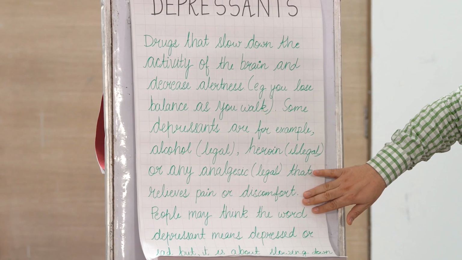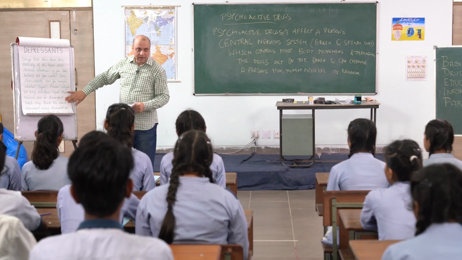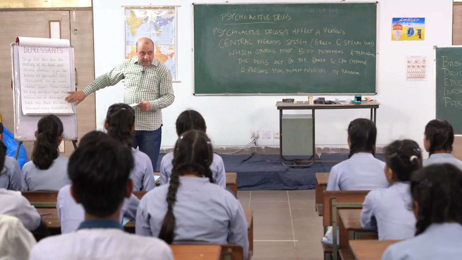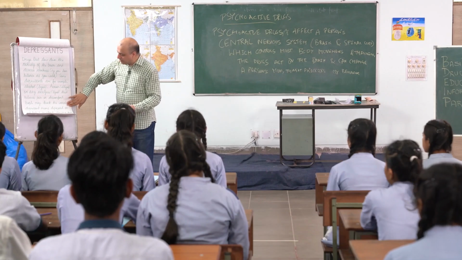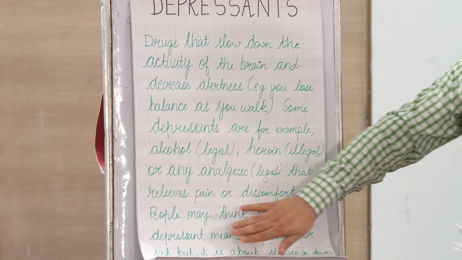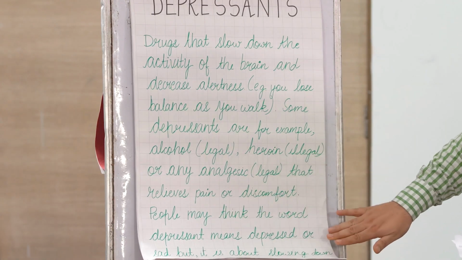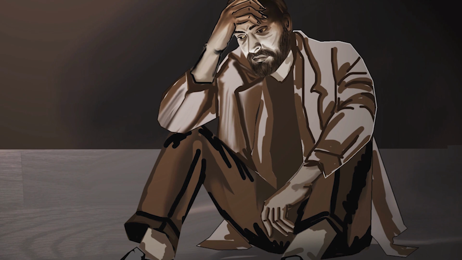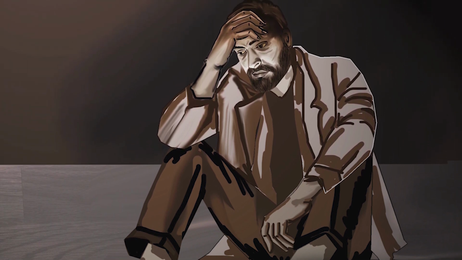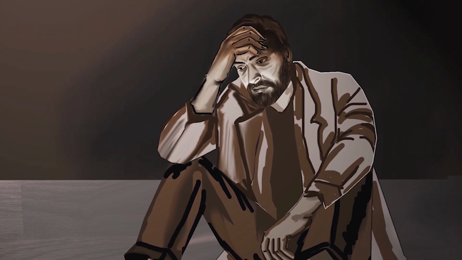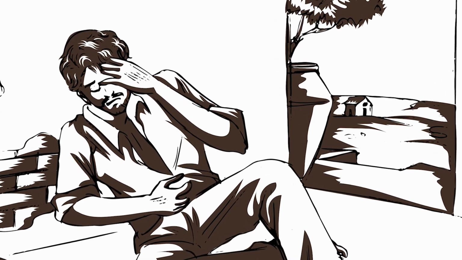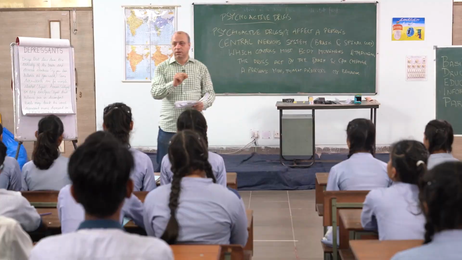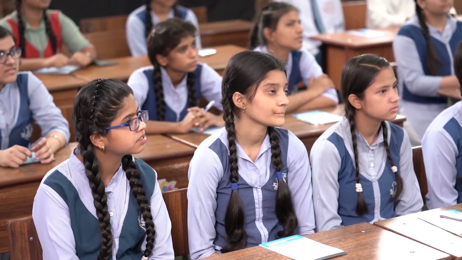One of my friends in the back said that most of our drugs that we have, which are legal in particular, are very important for cure of any disease. So people may think the word depressant means depressed or sad, but it is about slowing down the brain activity. In depression, you're sad.